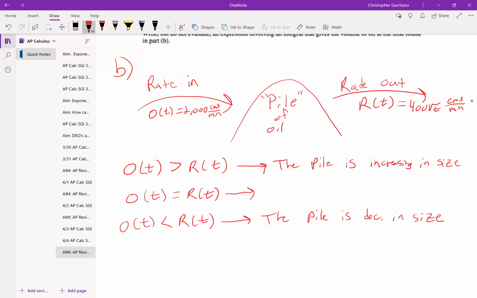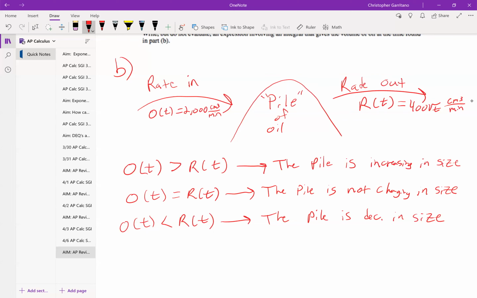At that point, we could have either a maximum or a minimum, depending on whether it's increasing then decreasing or decreasing then increasing. But either way, we are going to seek out when O of T is exactly equal to R of T. This is when the pile is not changing in size.